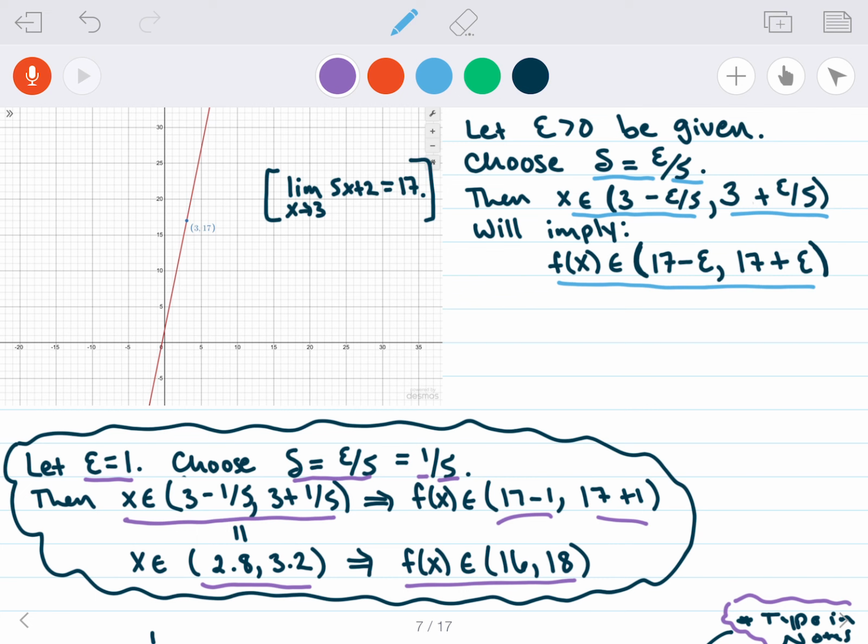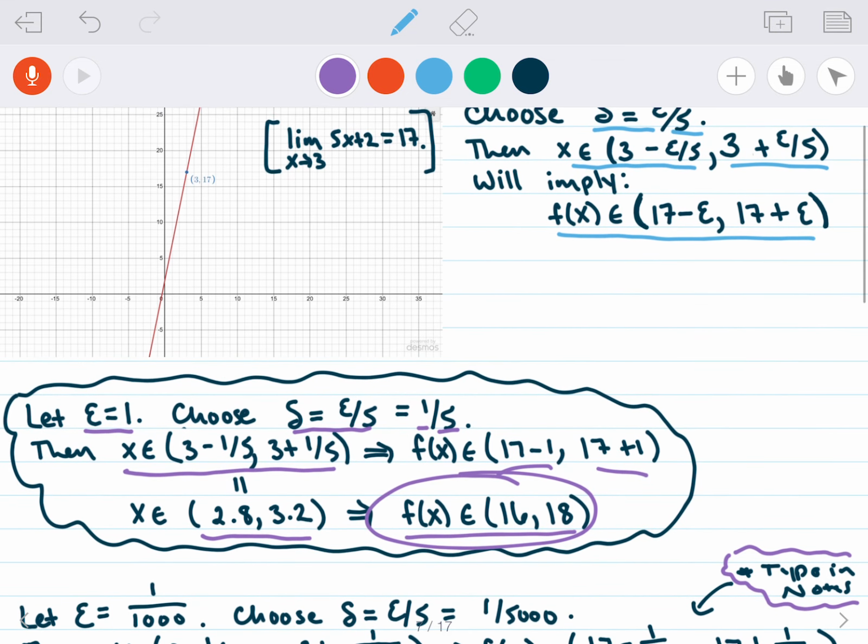So we have a relatively speaking fairly large epsilon neighborhood, and I don't need my delta neighborhood to be super big to ensure that my f of x values are going to fall in between 17 minus epsilon and 17 plus epsilon.